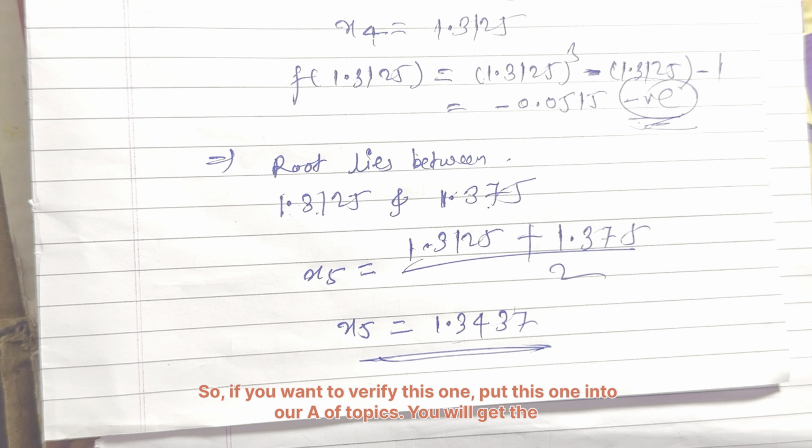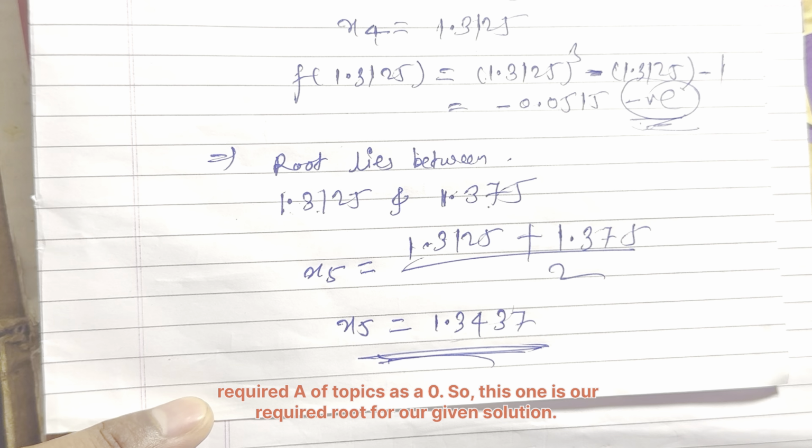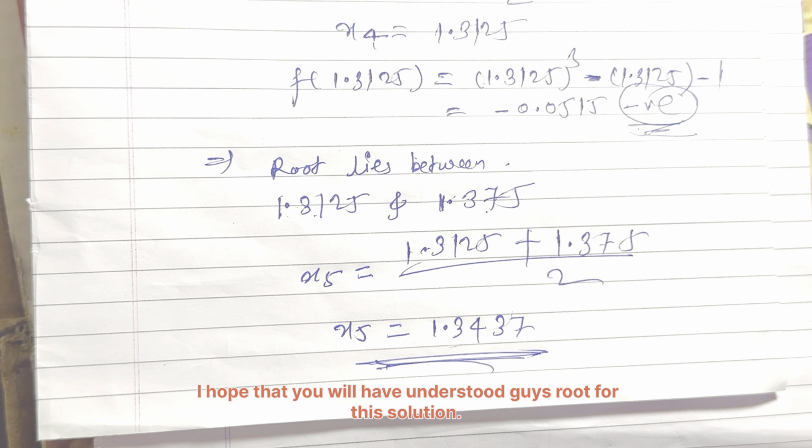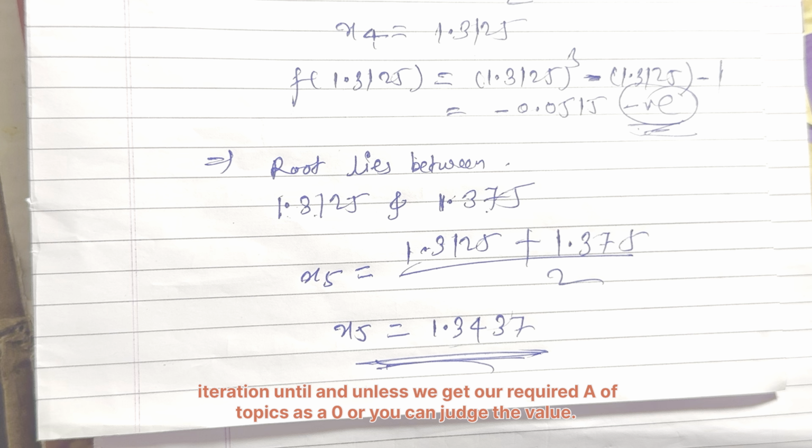If you want to verify this one, put this one into our f of x, you will get the required f of x as 0. So this one is our required root for our given equation. I hope that you all have understood, guys. It's not that difficult, it is one of the easy questions from the bisection method. We need to extend the iteration until we get our required f of x as 0, or you can judge the value.